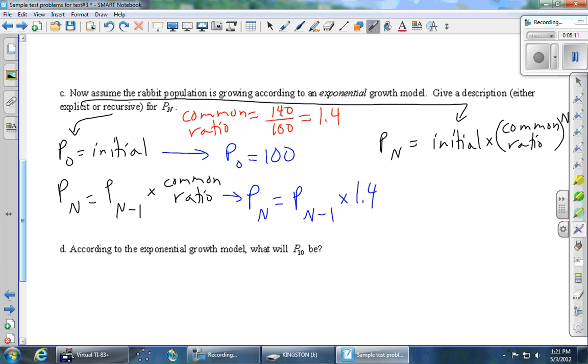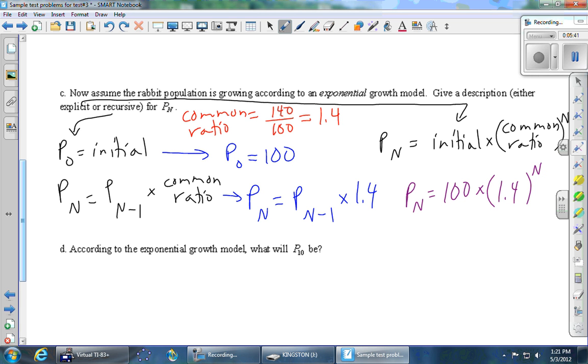In English, that says if you want to get a certain population, you look 1 year ago, last year's population, and multiply by 1.4. That's assuming that every year you multiply by the same thing we had to multiply by in the first year. More useful to us, the explicit version: initial, still 100, times the common ratio, still 1.4, raised to the n power. That's the formula.